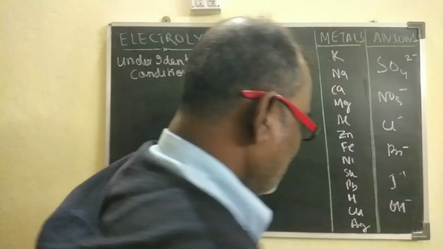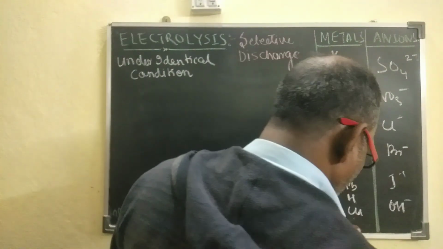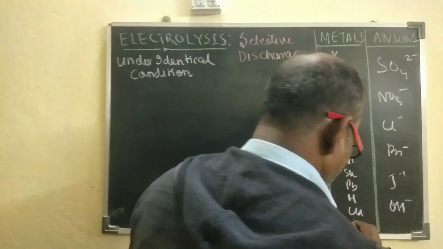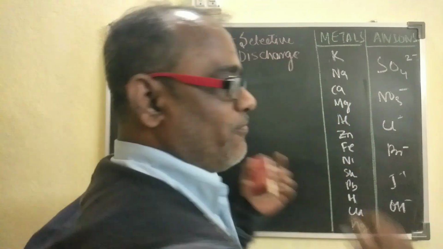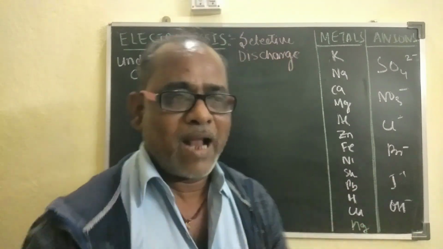After copper comes mercury. Then after mercury, we have silver, gold, and platinum.